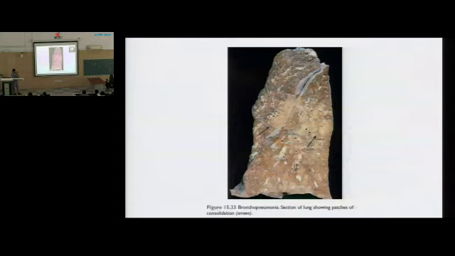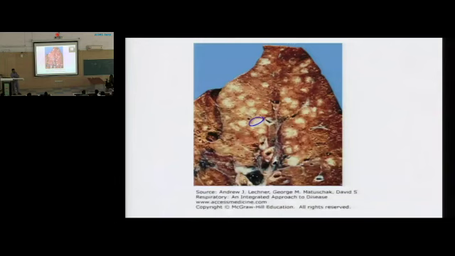This is an image I already showed you when we were comparing lobar and lobular. So this is lobular pneumonia or bronchopneumonia. You are able to demarcate small nodules here, right? Patchy consolidation of the lung. You can see it is involving both lobes. This is another gross image for better appreciation.